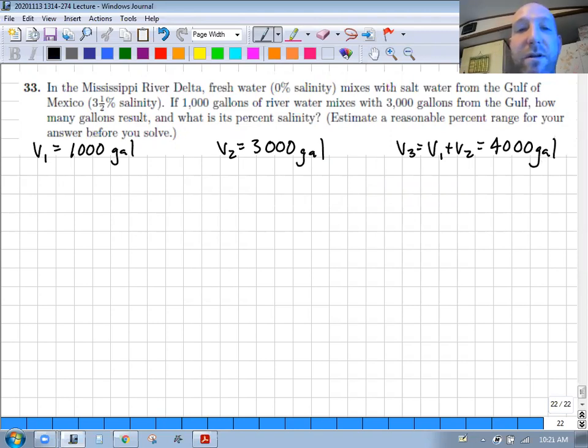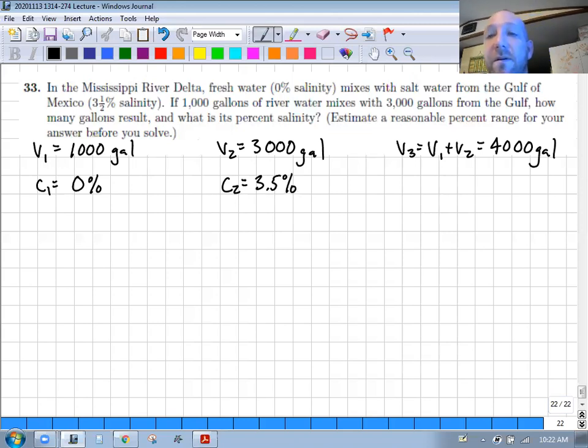All right, so the concentration for V1, the river water, is 0% salinity. Concentration 2 goes with our salt water, and it is 3.5% salinity. How many gallons result and what is the salinity?